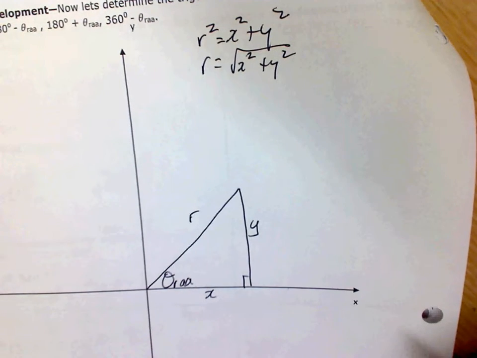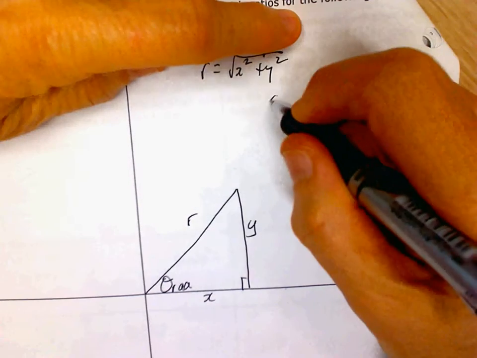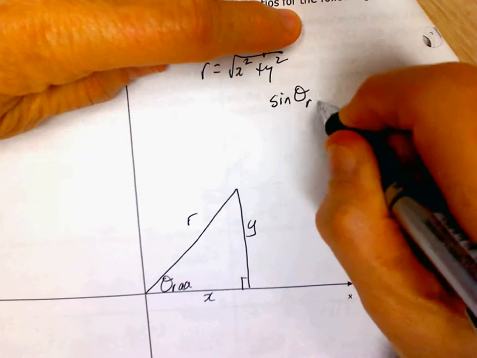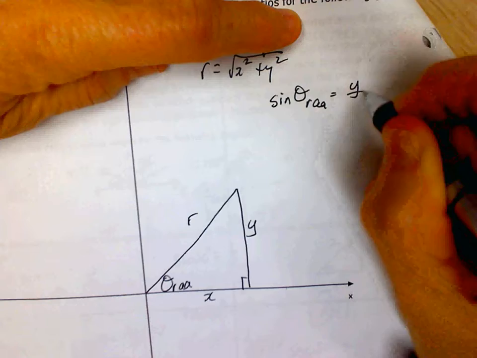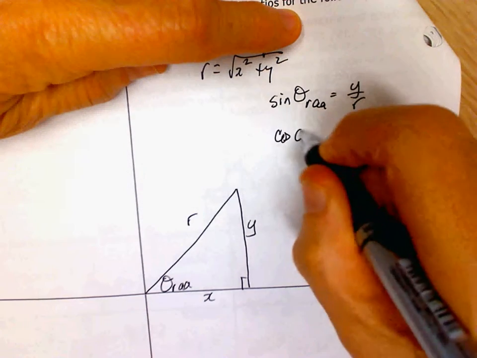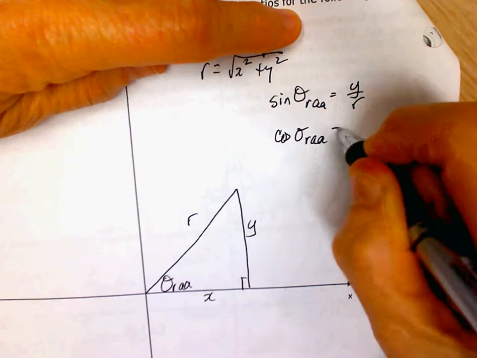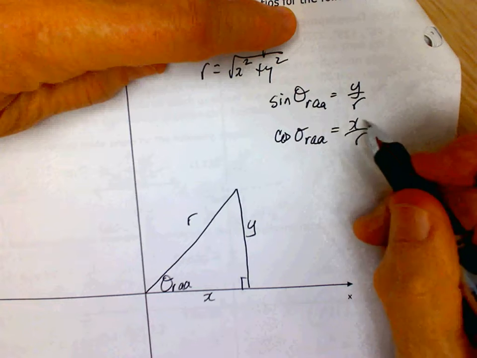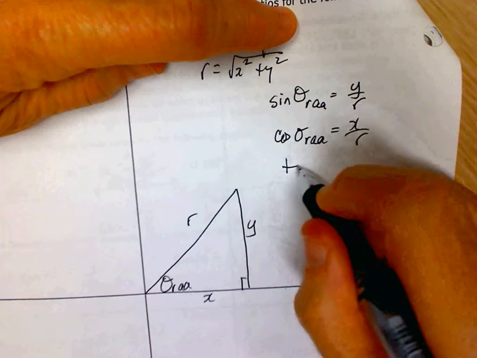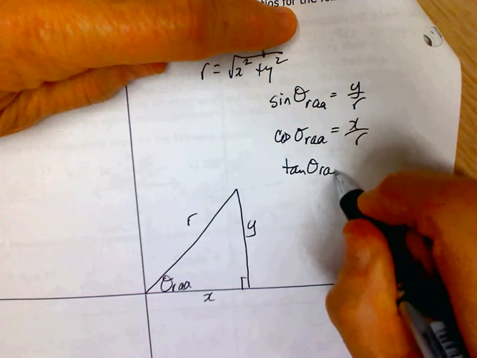So you know sine of theta RAA is equal to y over r. Cos of theta RAA is equal to x over r, adjacent over hypotenuse. Tan of theta RAA is equal to y over x.